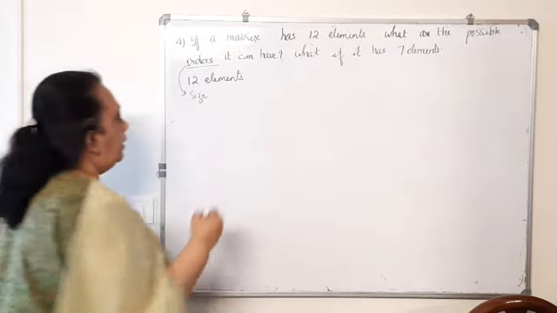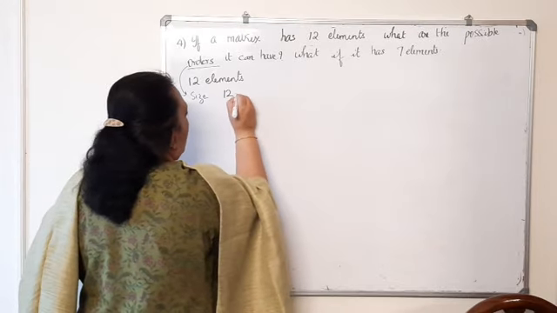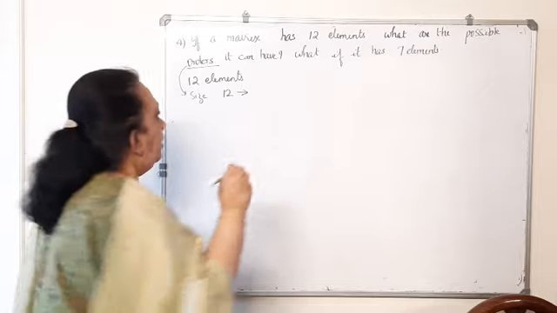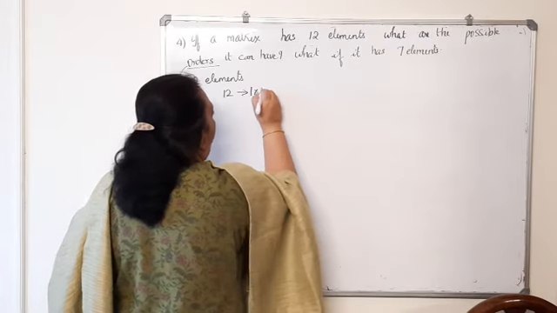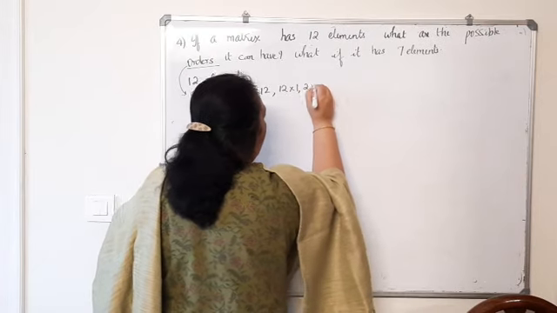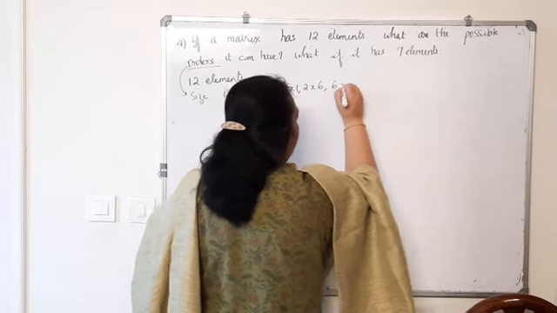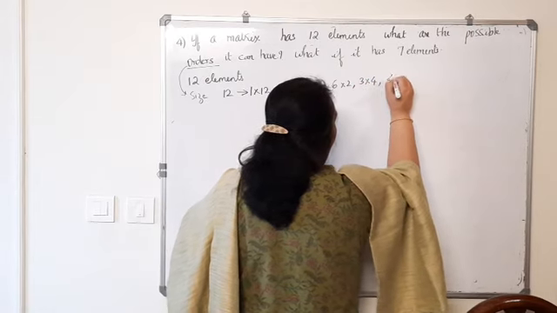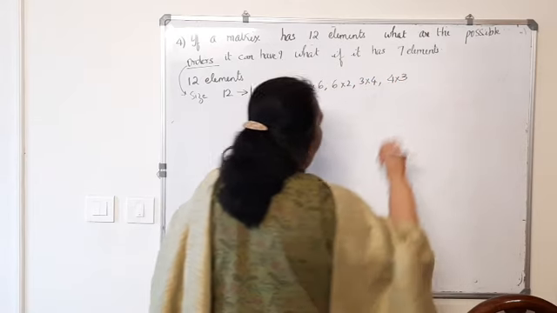So, I have told you 12. The possible orders are 1 by 12, 12 by 1, 2 by 6, 6 by 2, 3 by 4 and 4 by 3.